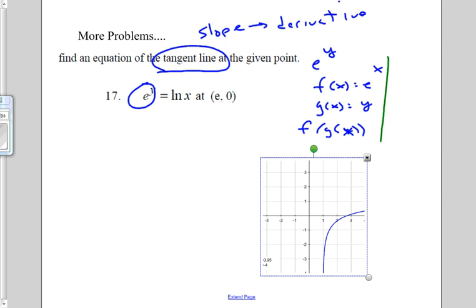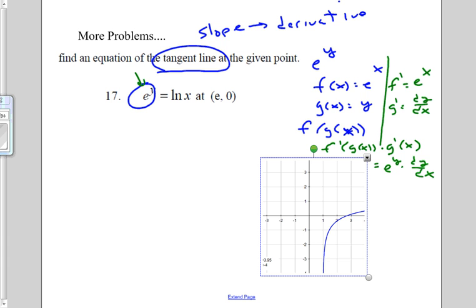We know that f prime of e to the x is just e to the x, and the derivative of y, well, g prime would be dy dx. So when I use the chain rule, the derivative of this will be f prime of g of x times g prime of x, which equals e to the y times dy dx. So that's the derivative of this.